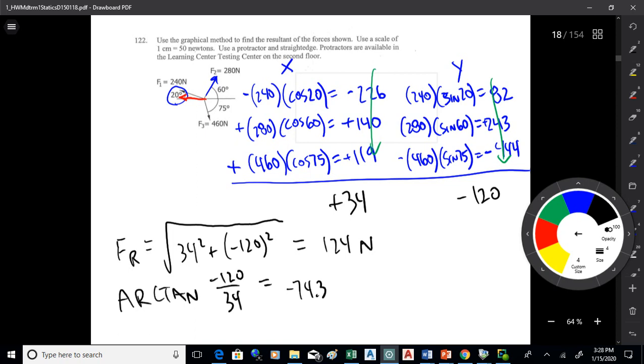Now that's below the x-axis, and I've got a negative y and a positive x. So that's going down like that, and so that angle there is 74.3 on that. Positive x, negative y. Okay. Any questions on that one? Okay, we're good.